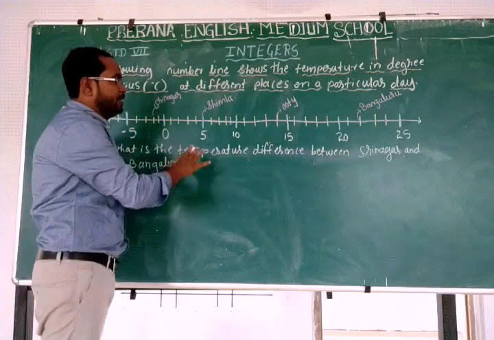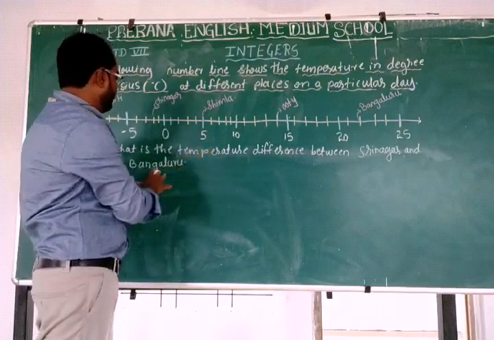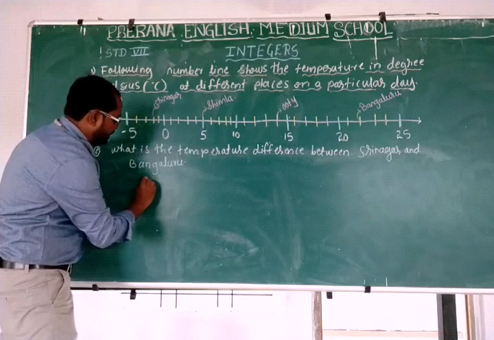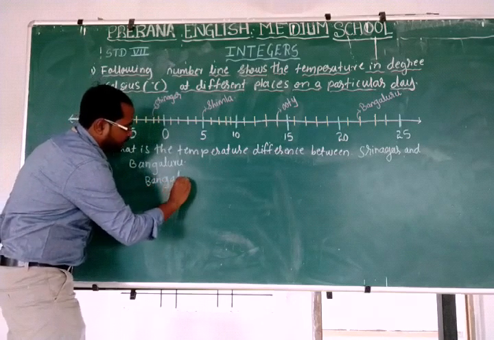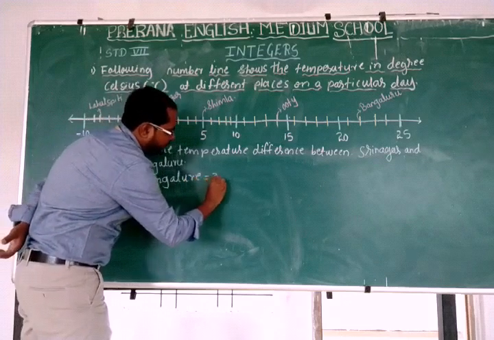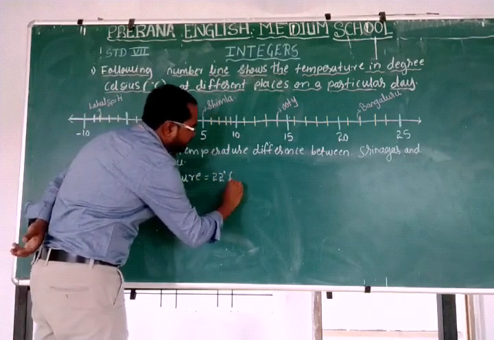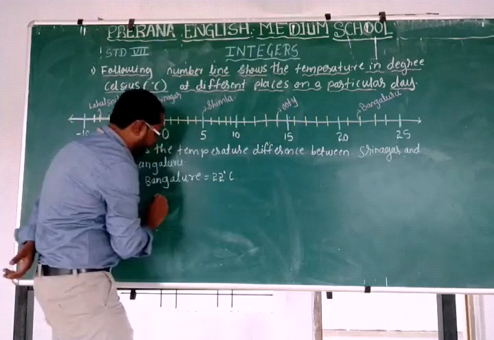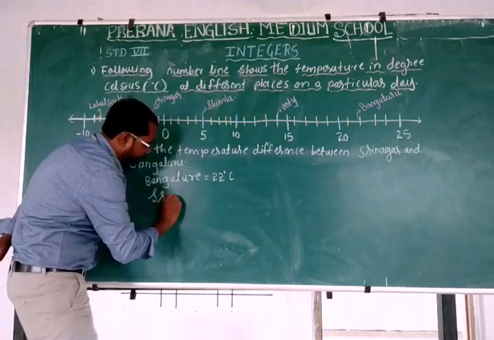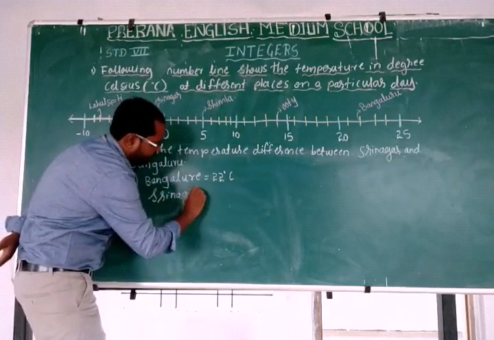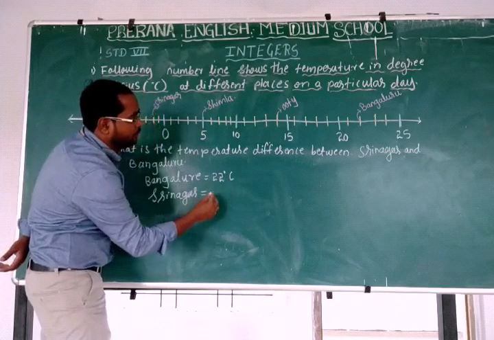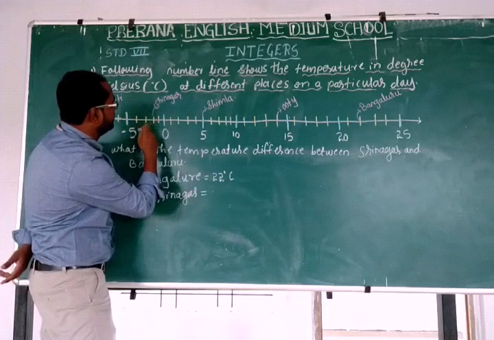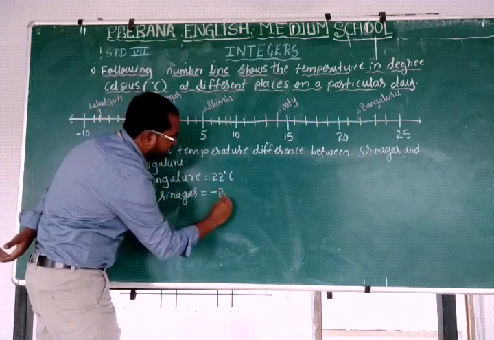See, there is one more question. What is the temperature difference between Srinagar and Bangalore? What is the temperature of Bangalore here? The temperature of Bangalore is 22 degrees Celsius, and Srinagar is minus 2 degrees Celsius.